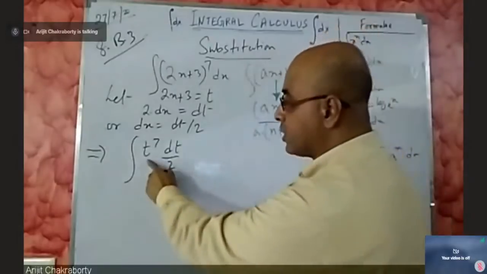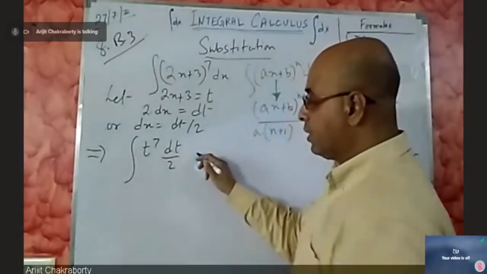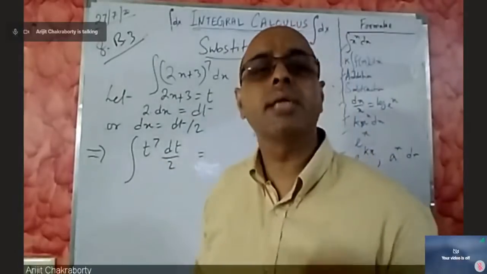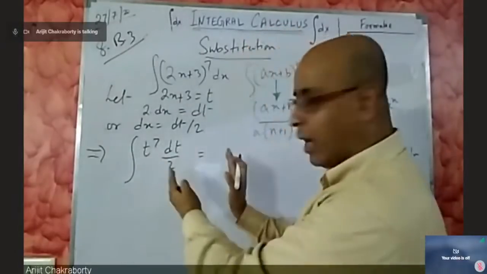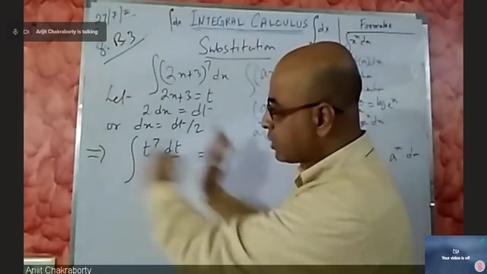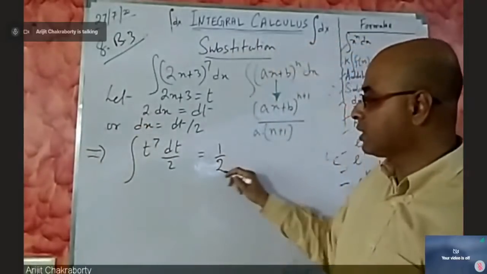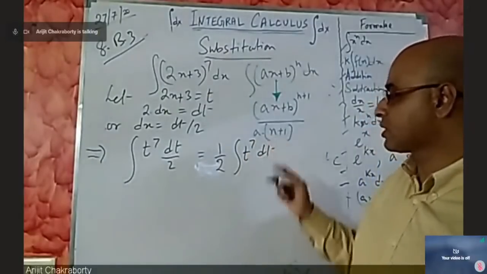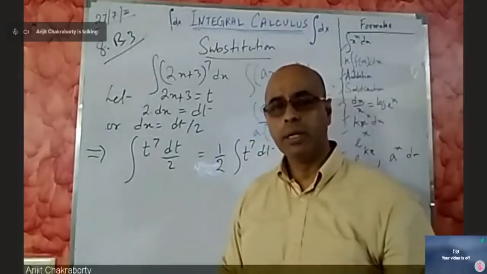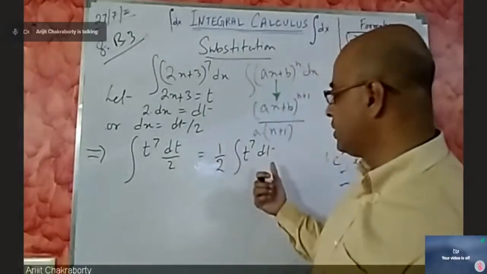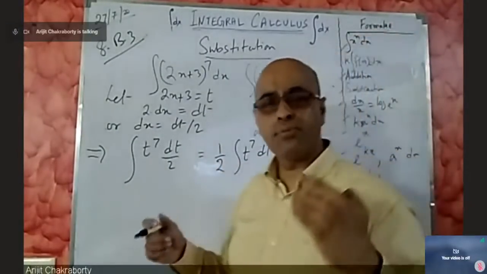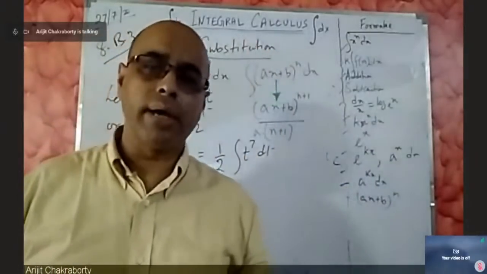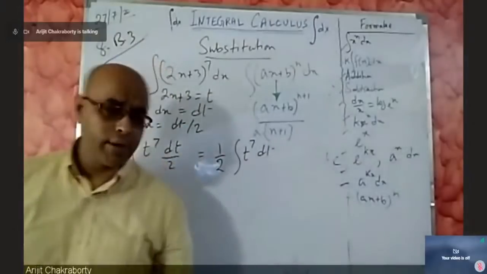Now dt by 2 means half, 1 by 2. So 1 by 2 is a constant, and it comes out. So you have 1 by 2 into t to the power 7 dt. Now t to the power 7 dt is of the form x to the power n, and the formula is x to the power n plus 1 divided by n plus 1.